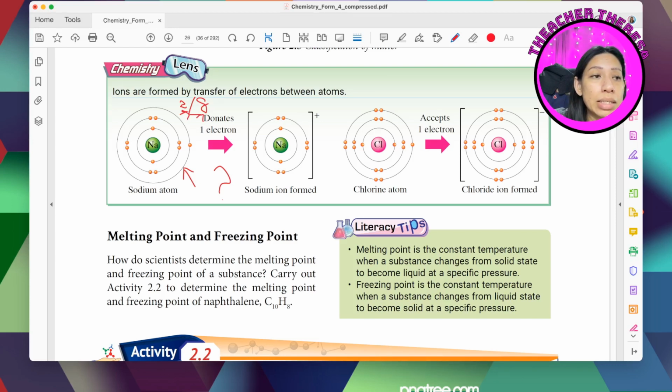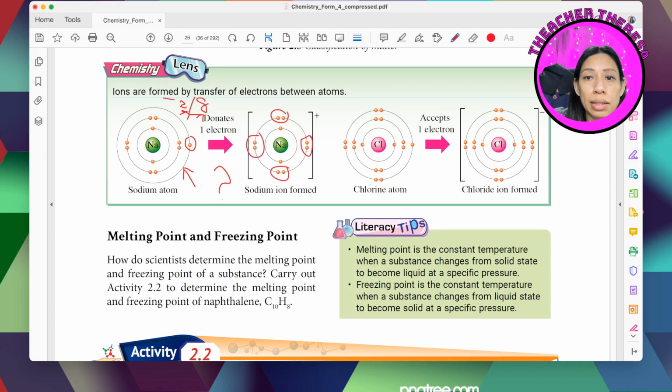So stability is achieved when an atom becomes an ion. For the sodium atom here, it will donate 1 electron to become a sodium ion, which is positive. Now you can see it has 8 electrons here. So this is stability. Either we'll have 2 or 8.